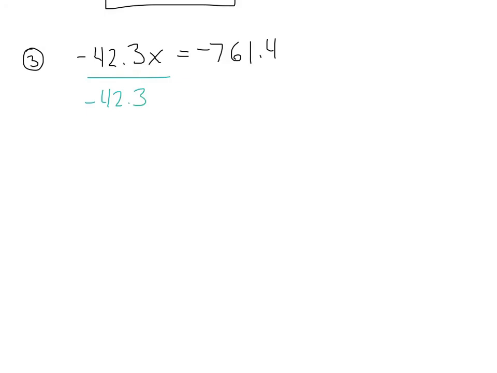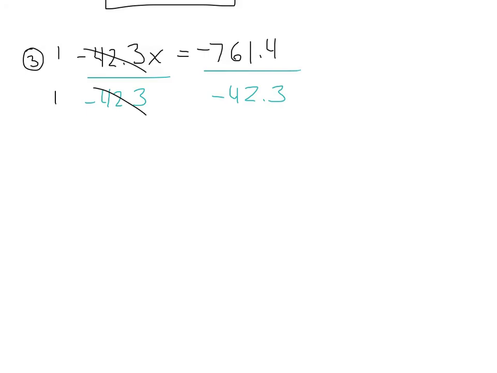But if I divide that side by negative 42.3, gotta divide that side by negative 42.3. And well, let's see, negative 42.3 over negative 42.3. Those can simplify to become just, well, a negative divided by a negative is a positive, so it's like saying positive 1x over 1.